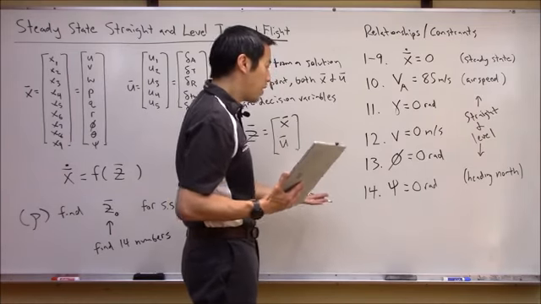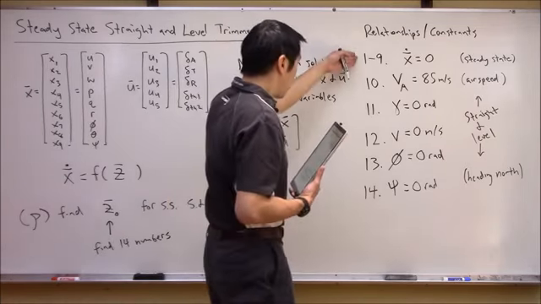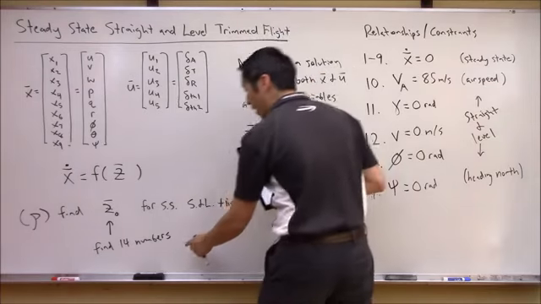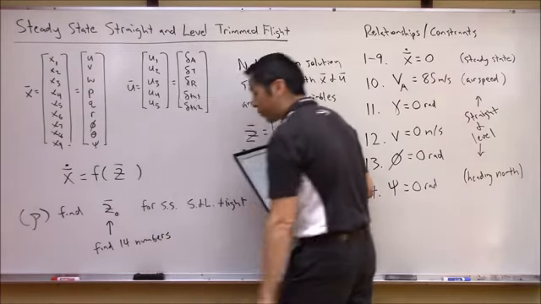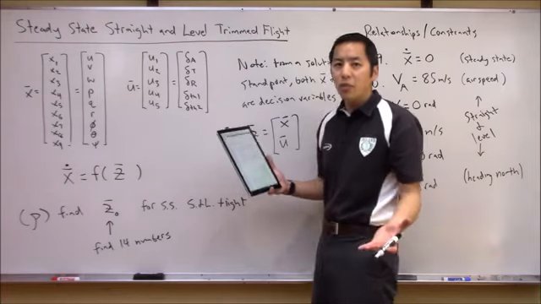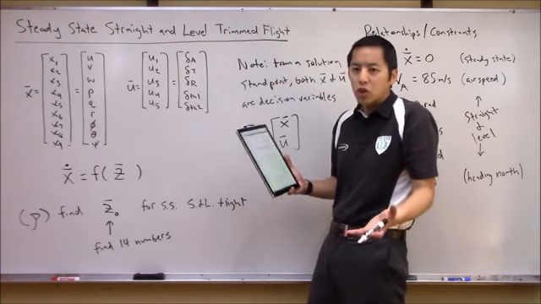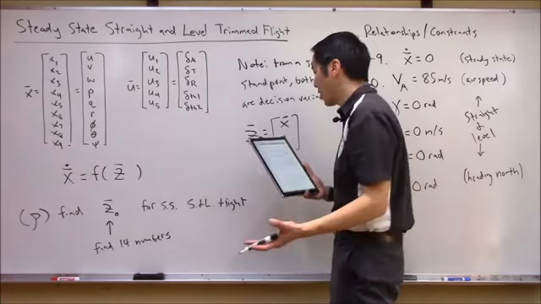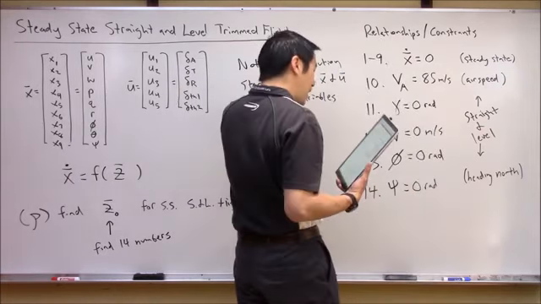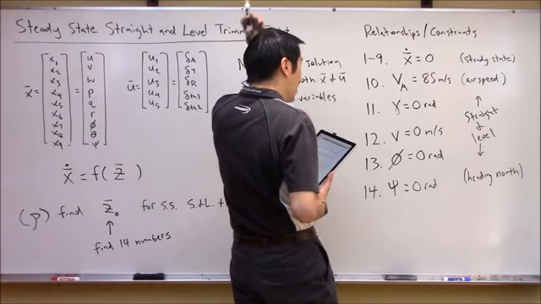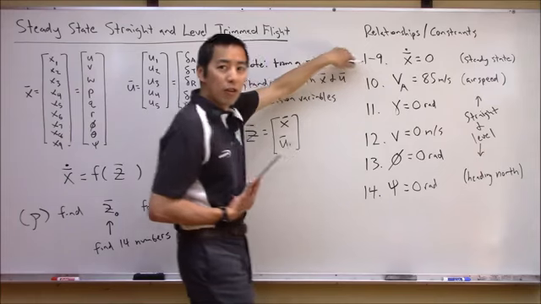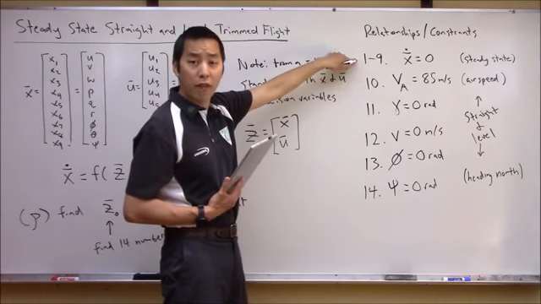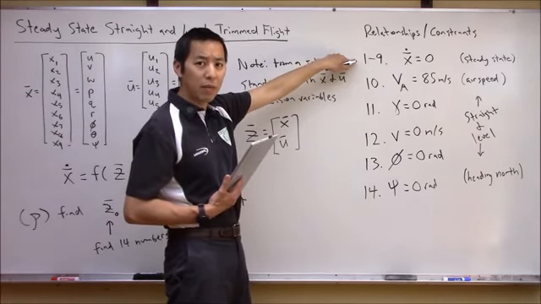So you could think about this as, you know what? I got 14 equations, I got 14 unknowns or degrees of freedom. Do exactly like we did with the spring mass damper, right? Just start solving these relationships and see what we end up with. Well, here's where we're going to hit a bit of a clang. Let's just think about this first one, trying to solve equations 1 through 9, trying to find out what is going to yield steady state behavior, right?